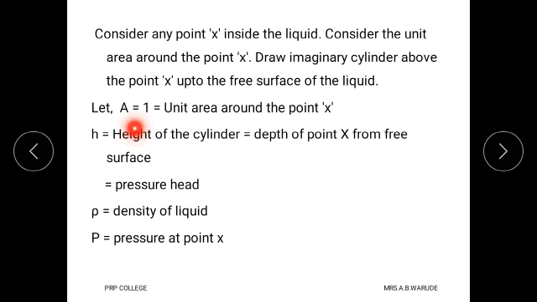Here that area is considered as 1, that means unit area around the point X. Here H is the height of the cylinder, or it is also called the depth of point X from the free surface. And here rho is the density of the liquid and P is the pressure at point X, and we have to find the pressure at that point X.